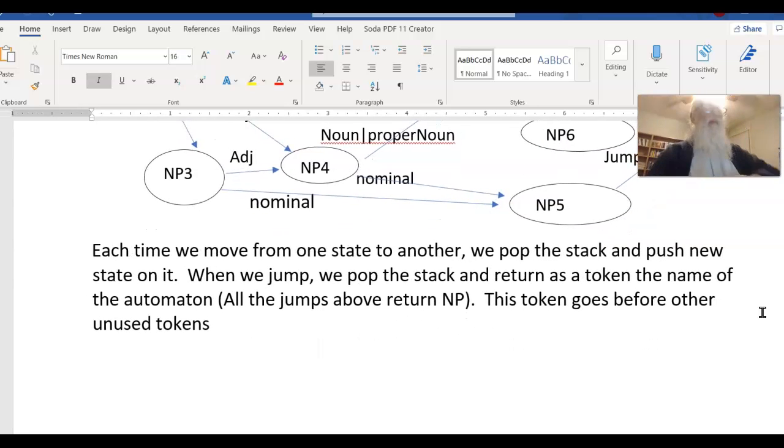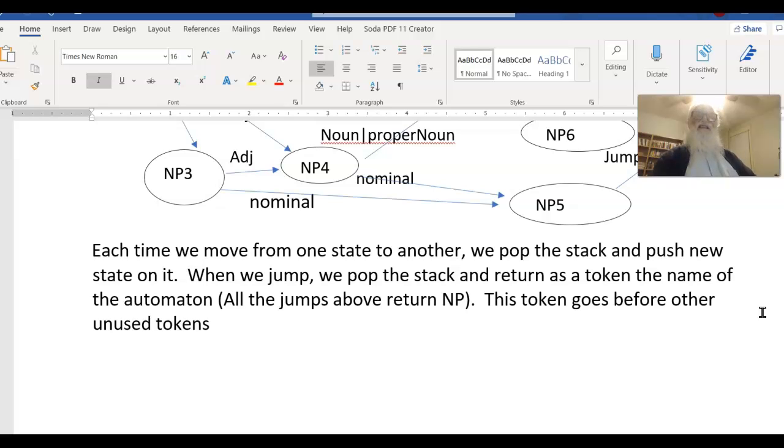Now, when we move from one state to another, what we're going to do is we're going to pop the stack and put a new state on it. The stack is going to have the list of all the states that we have gone to and then gone to another automata, then another automata, and then another automata. And we have to basically empty out the stack if we're going to finish.